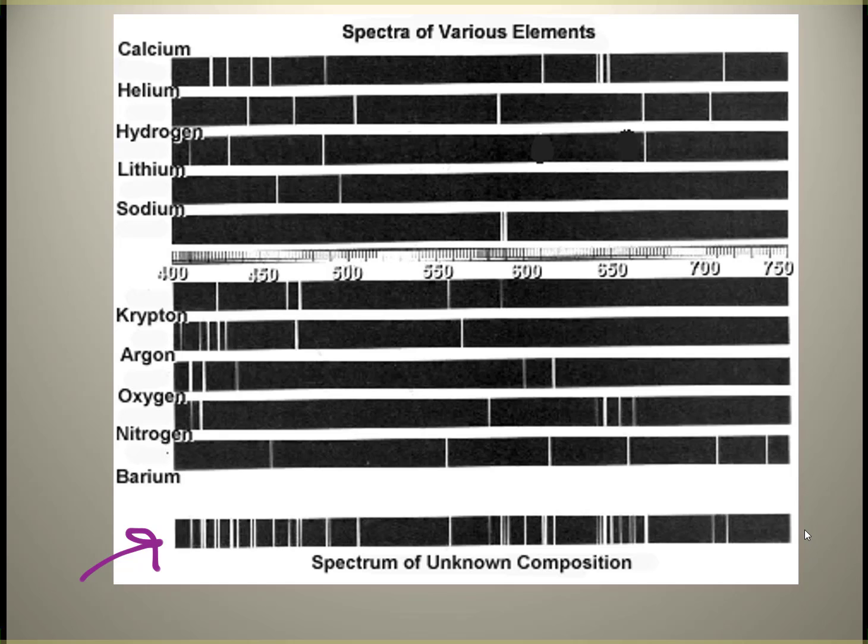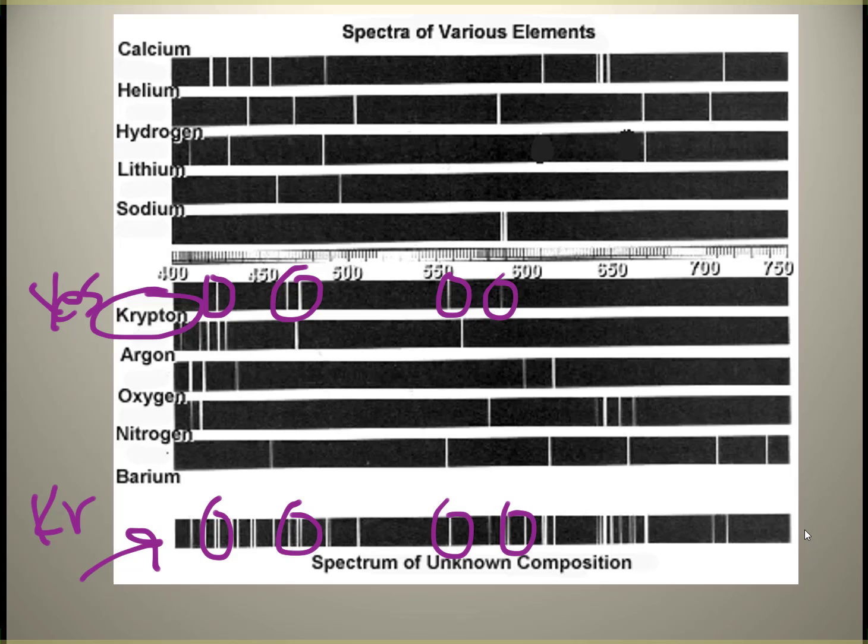Okay, we're back. One of the ones that I do see that is in the mixture is krypton. So every single one of these bands is present down here. And so I know that krypton is in this sample. I do see one that is not there, and that is barium. Barium is not there.